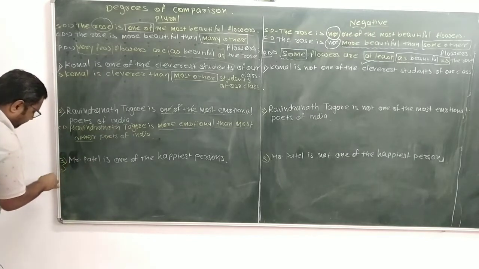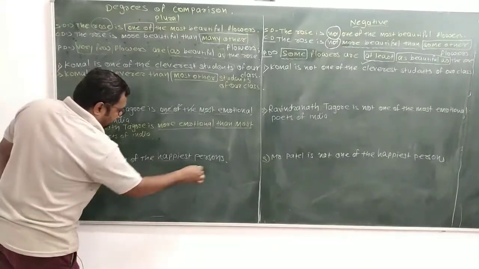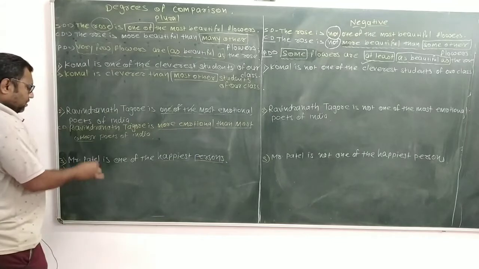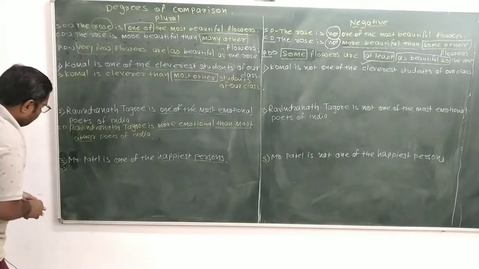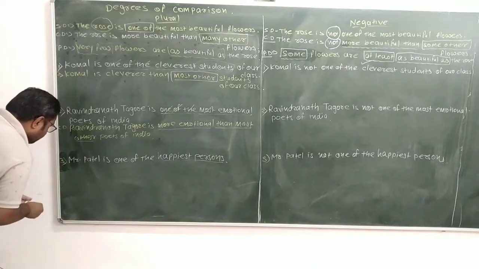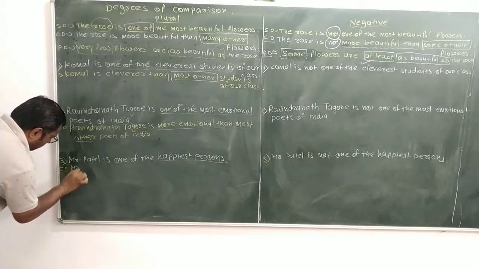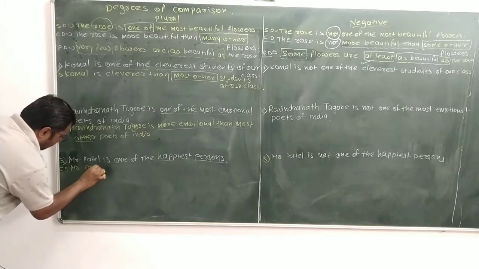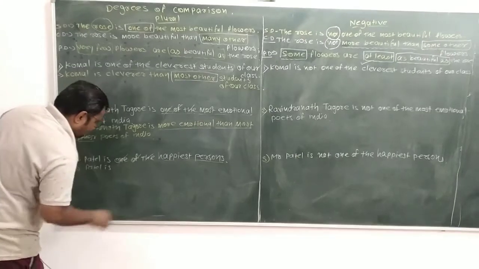Now the third one, Mr. Patel is one of the happiest persons. So what is Mr. Patel? A person. So we try to make the comparative degree here. First of all, Mr. Patel is, remove "one of the" happiest.